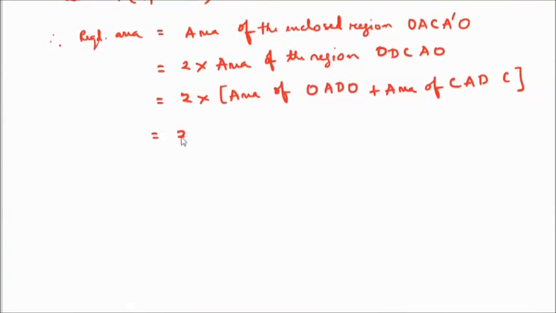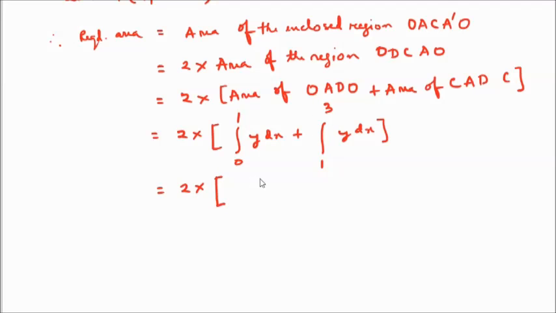This will be 2 times the area of OADO. This will be the integration of y dx with x from 0 to 1, plus x from 1 to 3 of y dx. And for this region, my curve is nothing but the parabola.